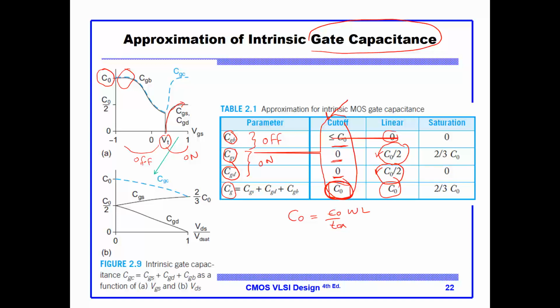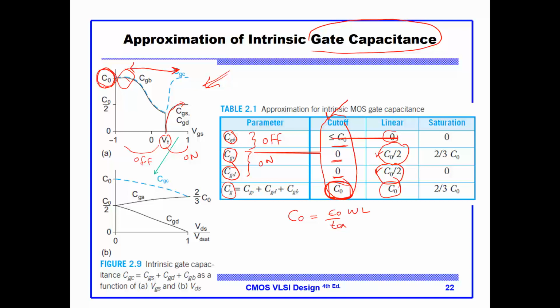So if we look at this drawing here, what it tells us is that the gate capacitance is always equal to C naught, both when the device is off and when it is on. There's an interesting region around the VT.